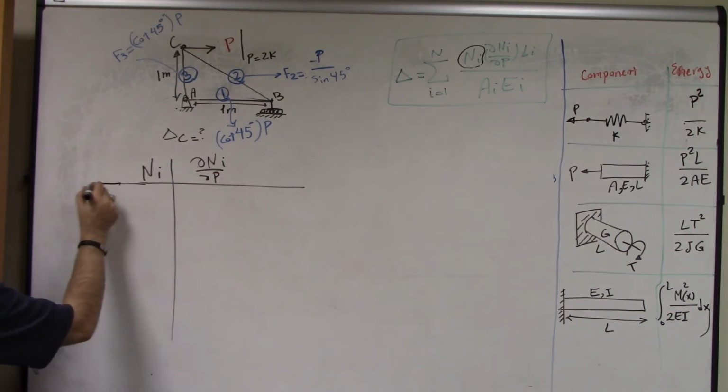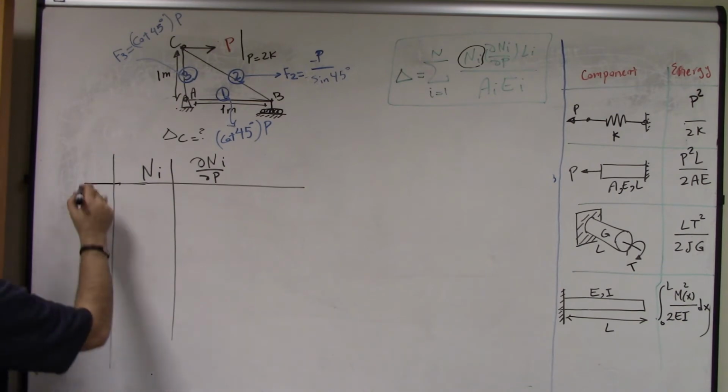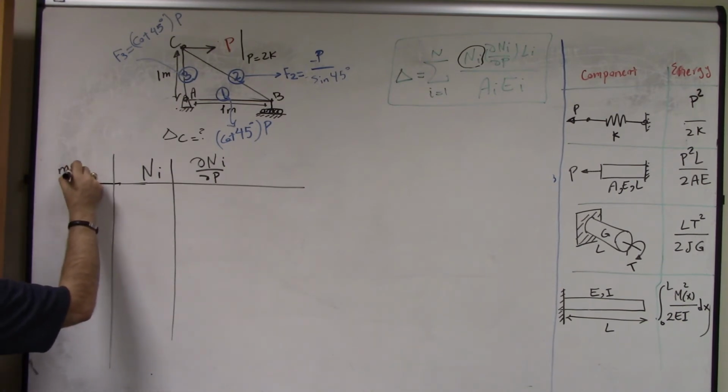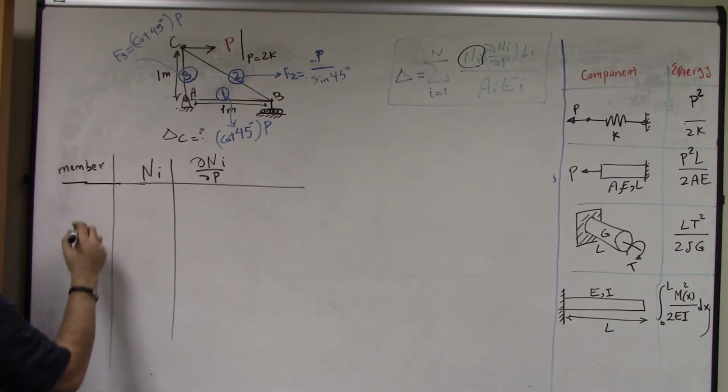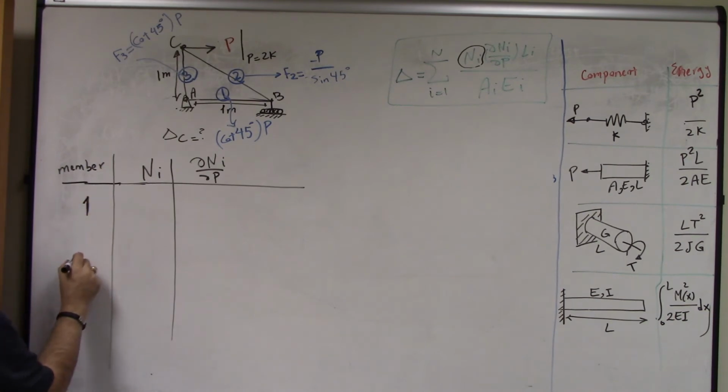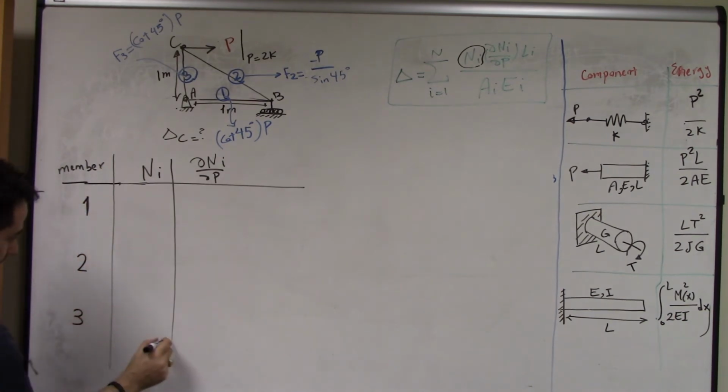And this is member. So member 1, 2, 3, right? Let's see if you can see it. Let me check the camera. Yeah, you should be able to see it.